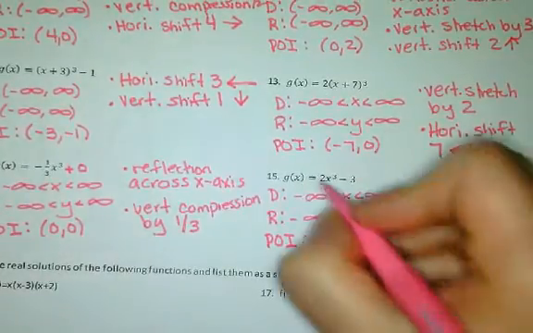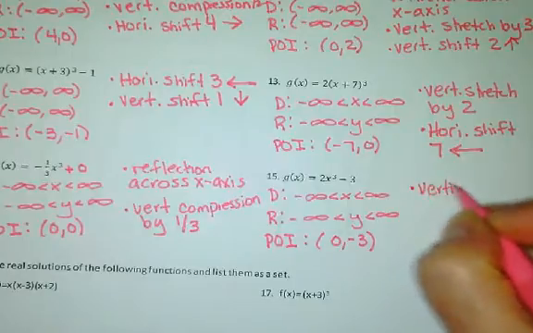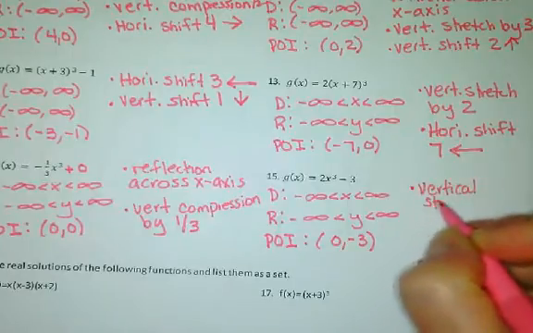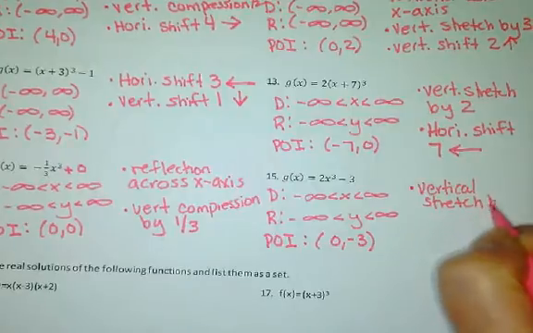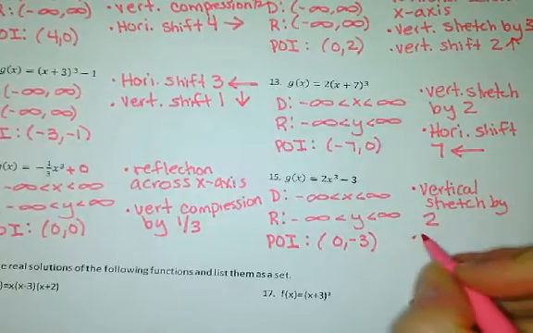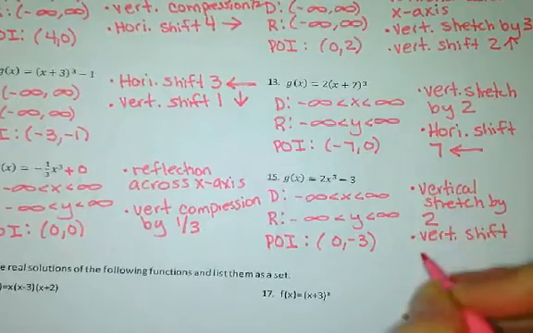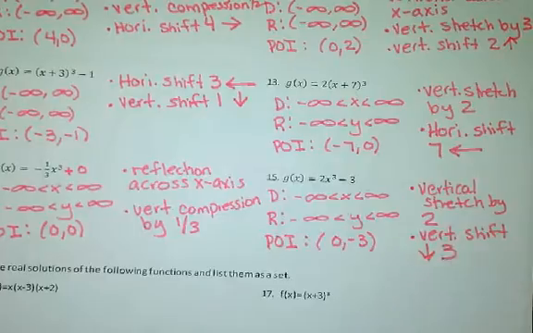All right, the last one. Again, I see a 2. So this is a vertical stretch by 2. And it's also a vertical shift down 3.